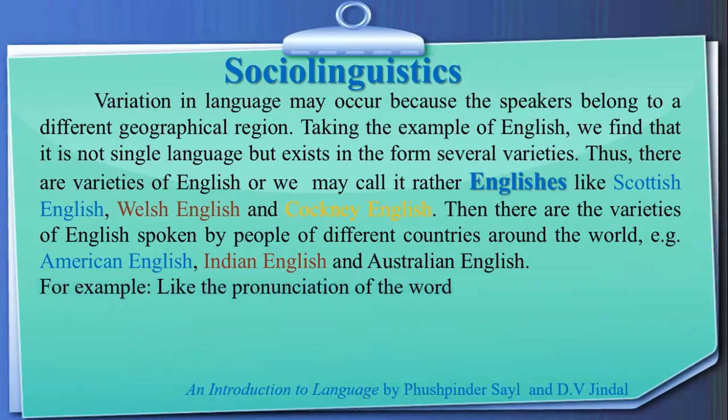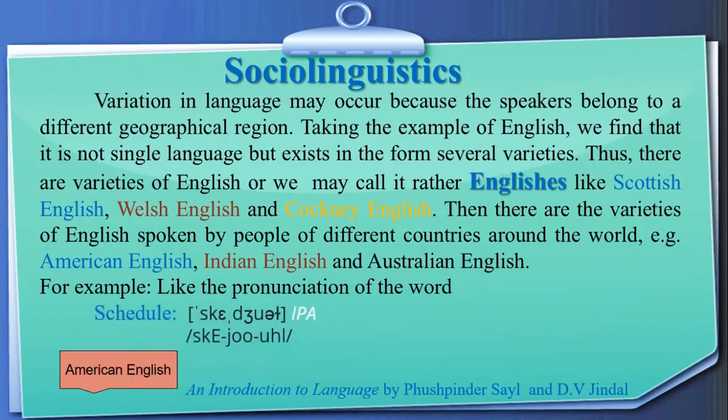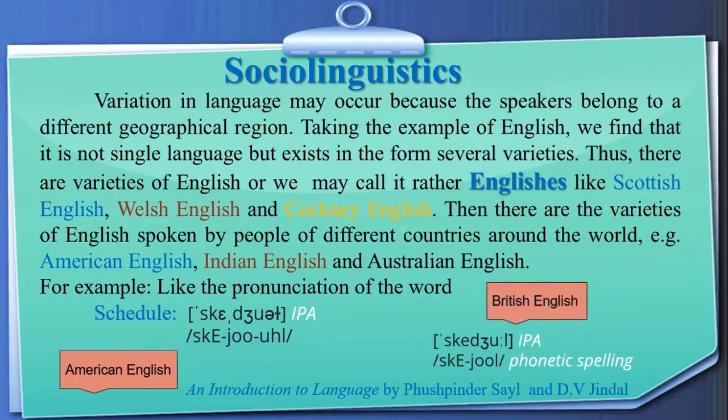For example, take the pronunciation of the word schedule in American English. In British English, it would be pronounced differently. Or even in Indian English, we may pronounce it in another way, which is not from the dictionaries, but is actually a certain variety spoken in India.